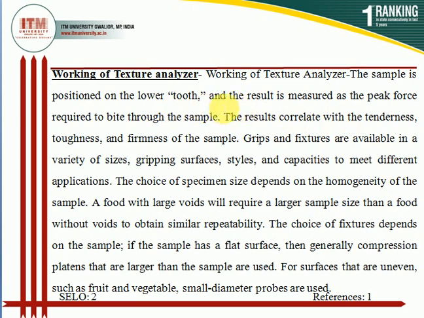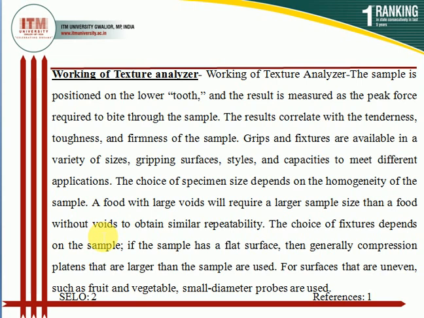The result is measured as the peak force required to bite through the sample. The result correlates with the tenderness, toughness, and firmness of the sample. Grips and fixtures are available in a variety of sizes, gripping surfaces, styles, and capacities to meet different applications. The choice of specimen size depends on the homogeneity of the sample.